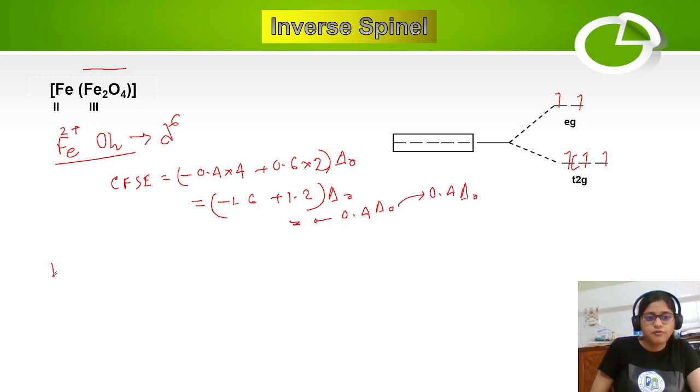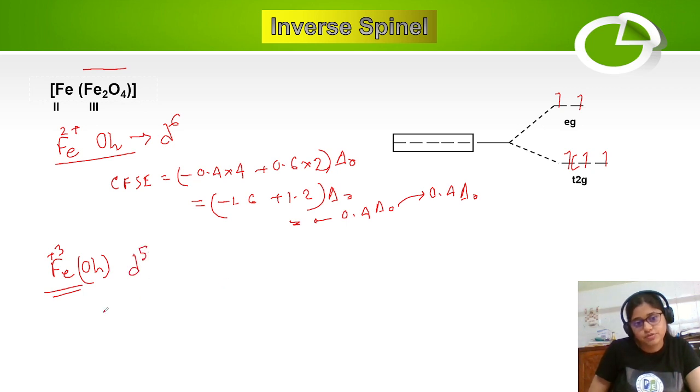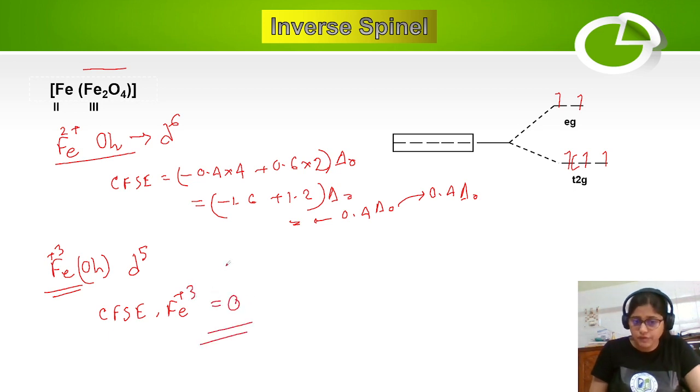Fine. Now for Fe3+, in octahedral obviously, and it is d5. So what is the CFSE for a d5 system? The CFSE of Fe3+ will be 0, right? We have seen in the Mn2+ case that for a d5 system it will obviously be 0 CFSE. So what is happening here?